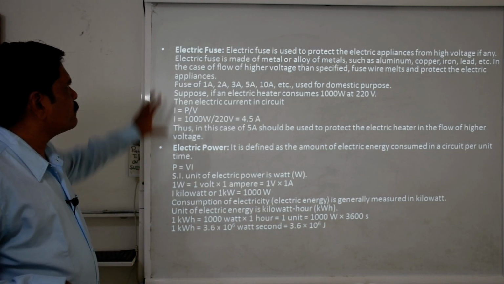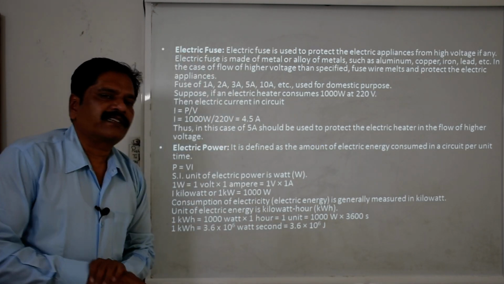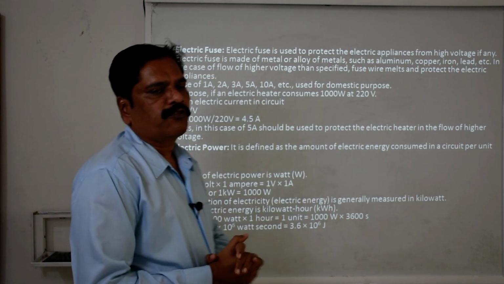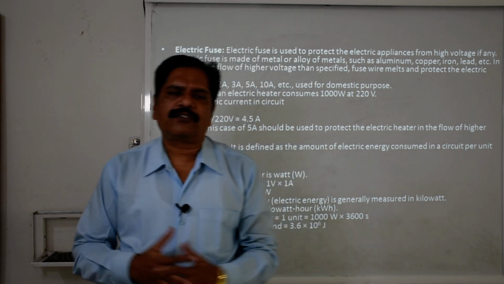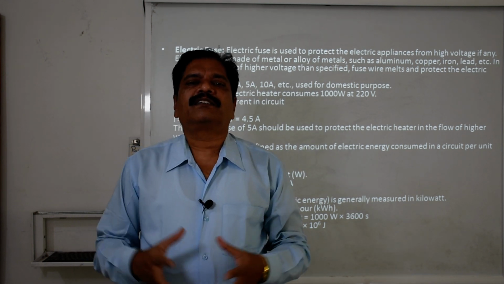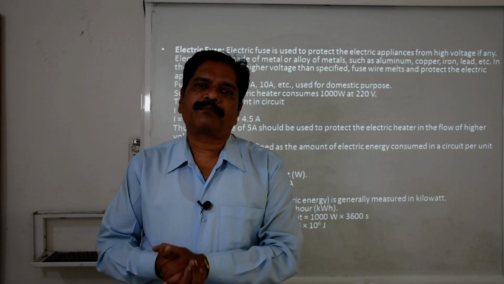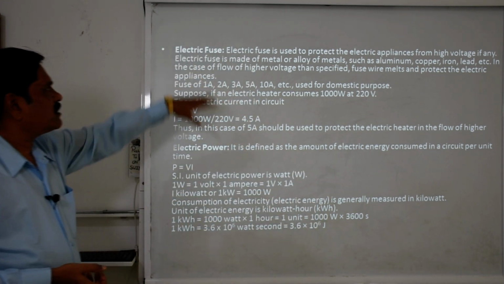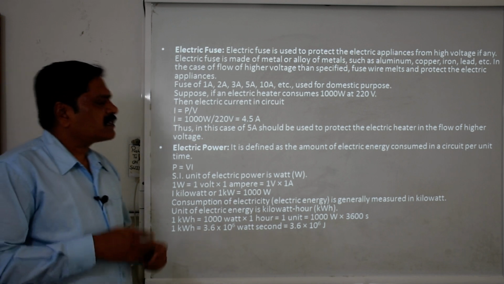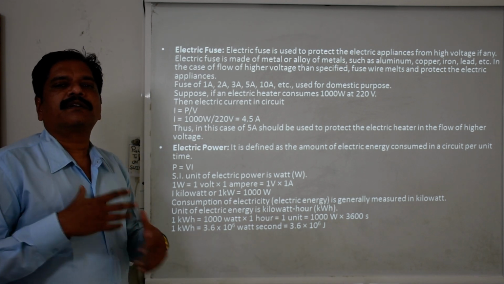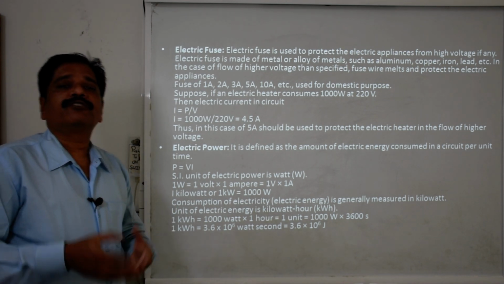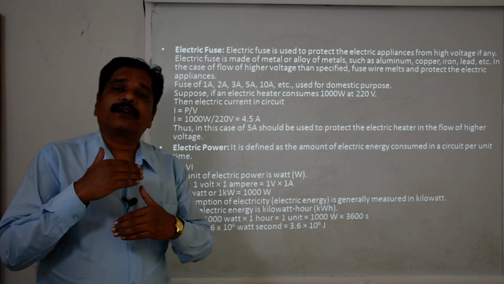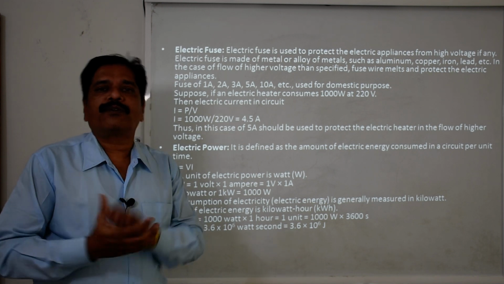Now one more thing we are going to discuss is the electric fuse. You are familiar with the electric fuse. These days at your home this device has actually been replaced by MCBs, but the basic term is the electric fuse. It is nothing special, just a protective device used in a circuit to protect from the overflowing of electric current.